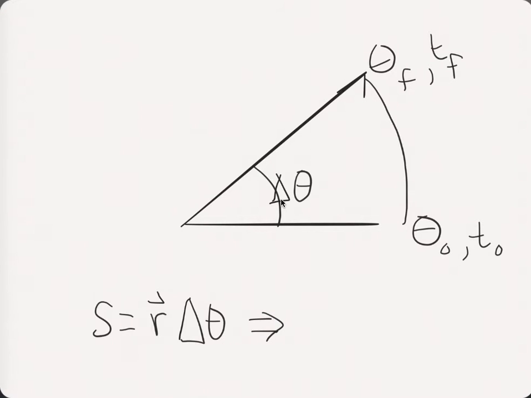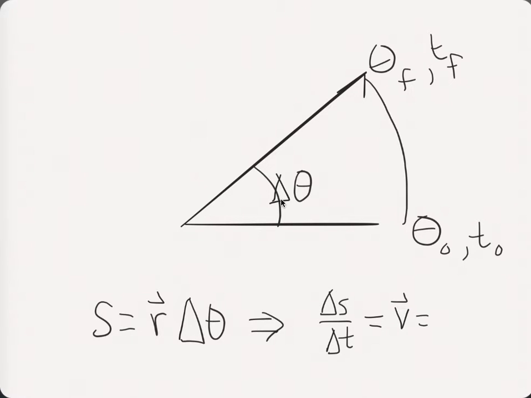So now if we say delta S over delta T, since we have the change in S over change in T, we know that this is going to be the translational velocity.